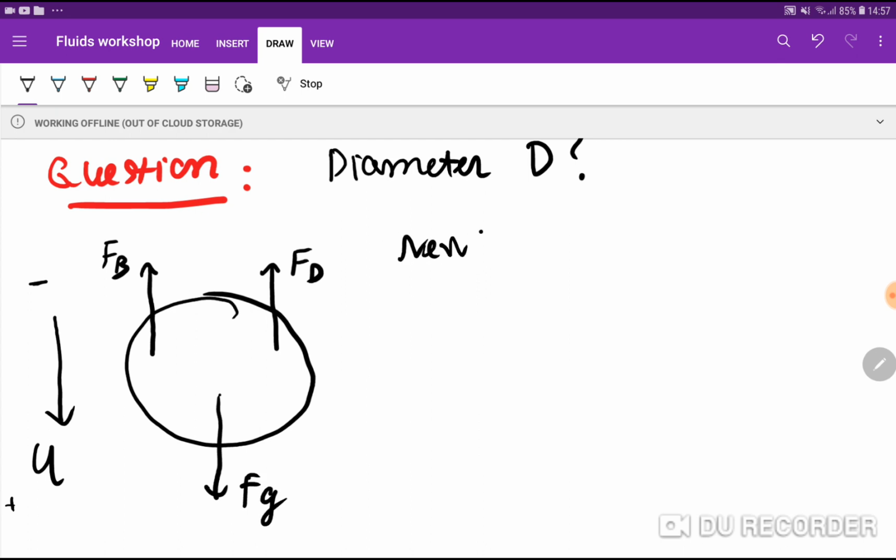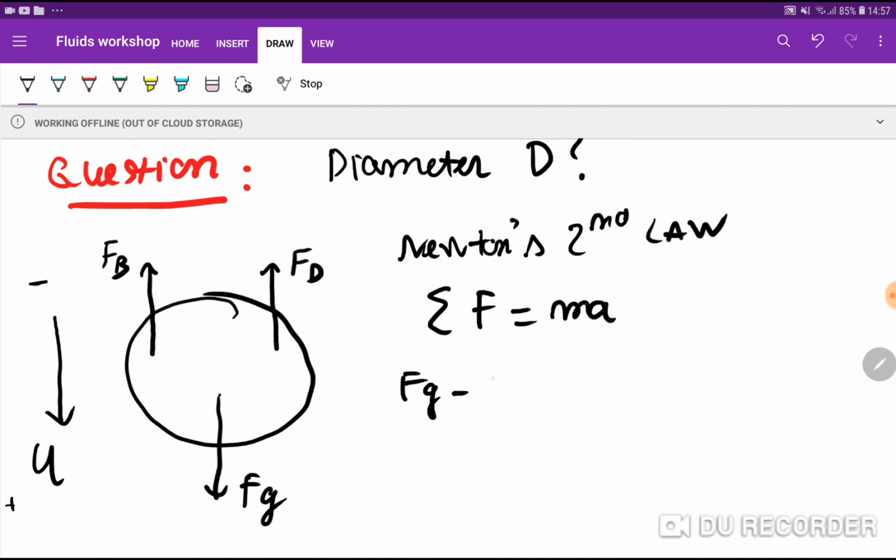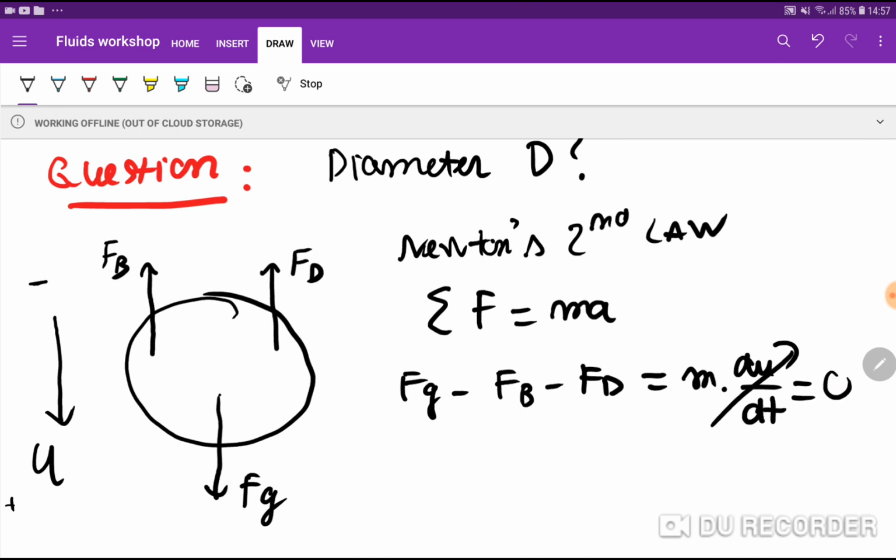Okay, let's do it with me. Using Newton's second law, summation of force equals ma. So what you get: Fg minus Fb minus Fd equals m times du over dt, which is 0, because it's steady state. Velocity doesn't change with time.